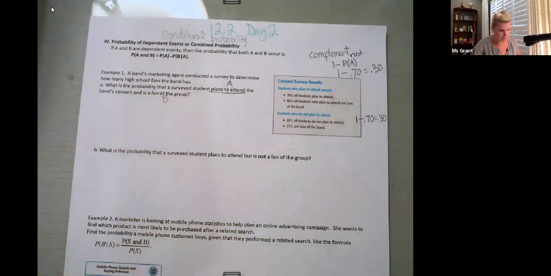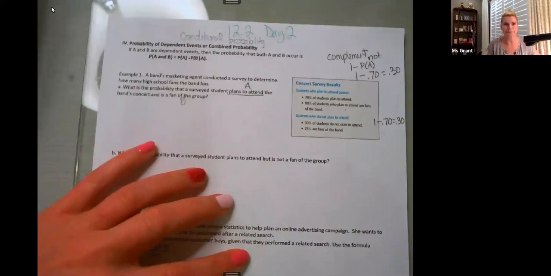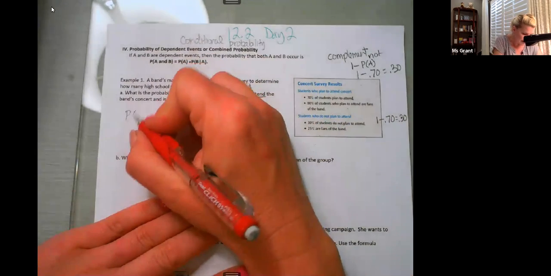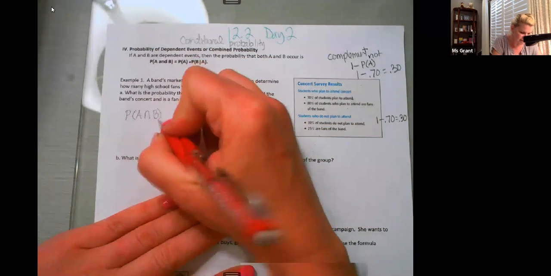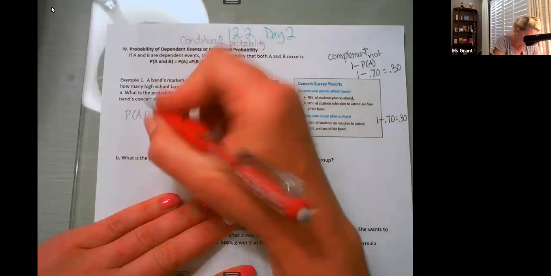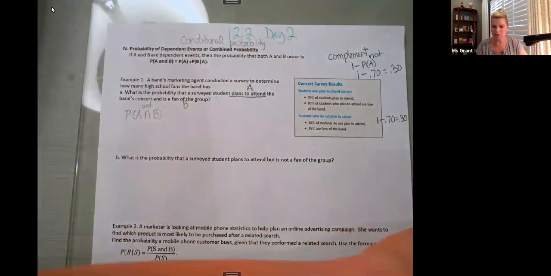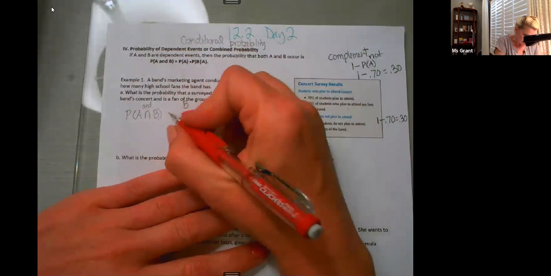So here's what I'm going to do. I'm going to incorporate this formula, the probability, and I want to point out, I can use another symbol, this intersection. It means and. It's an upside down U. And I'm pretty sure you guys use it in science. This is my formula.